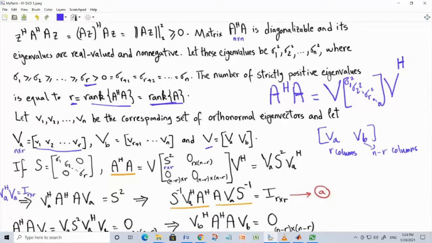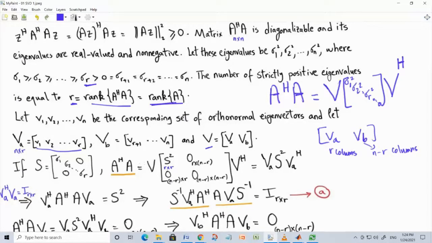And then we will define matrix S. What is S? It is an r by r matrix. We take the sigmas that are strictly positive and arrange them on the diagonal of this r by r matrix. Now let's write our eigen decomposition of A Hermitian A. Here we have V, which is now VA and VB.